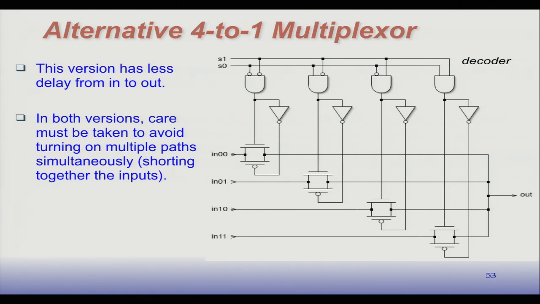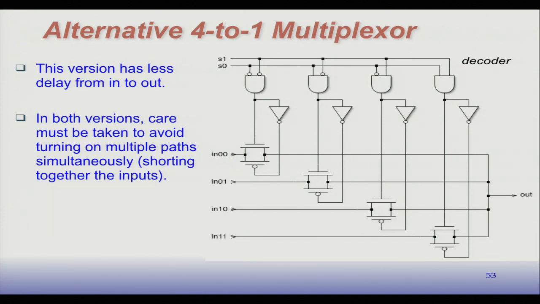So this is essentially a decoder here. We take the 2 S bits, which is a binary code, 0, 0, 0, 1, 1, 0, or 1, 1, and we turn it into a 1-hot code. One of these will be turned on. The appropriate one will be turned on. And you need those extra AND gates and inverters in there. You'd probably do those with NAND gates, but there's an extra level of logic in here in order to decode the S signals.